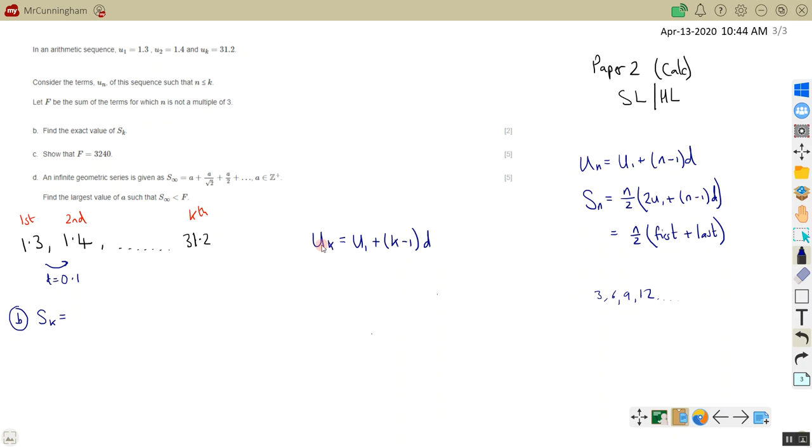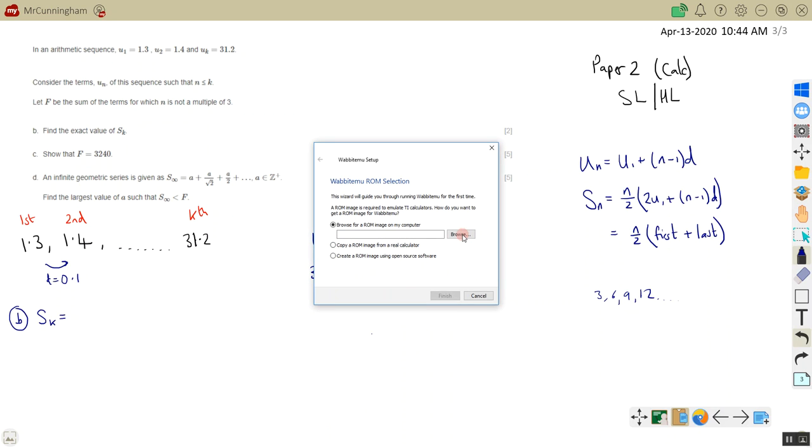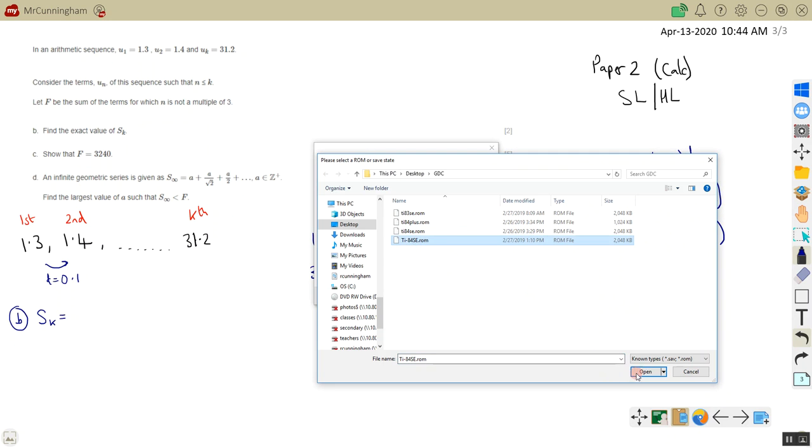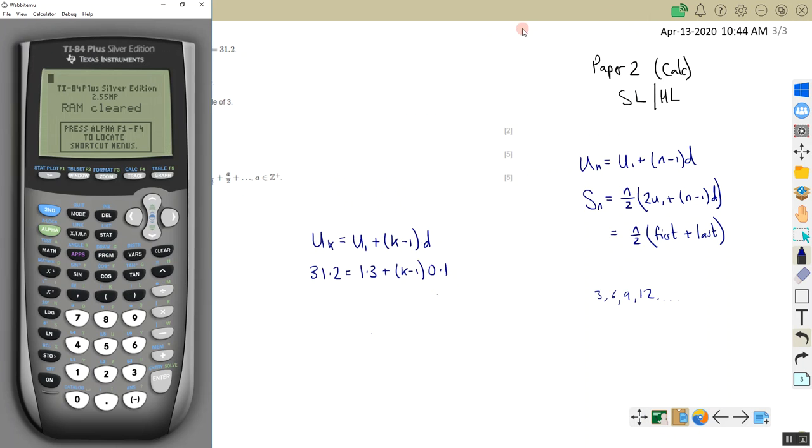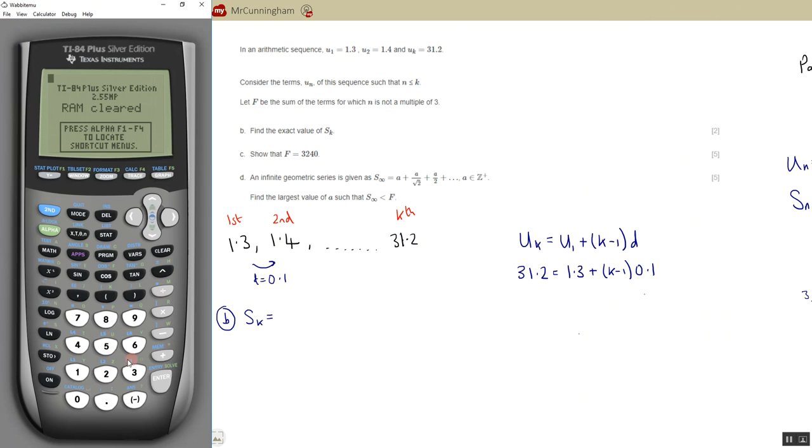Okay, so let's put in everything we know. The kth term is 31.2. The first term is 1.3. And d is 0.1. I'm going to solve this essentially for k. I can use my calculator. So I've got 31.2.